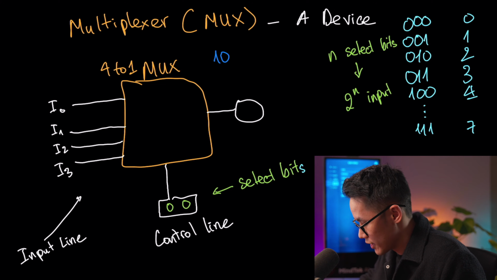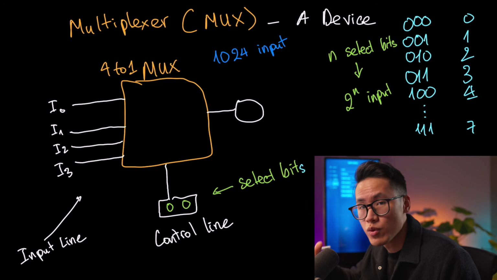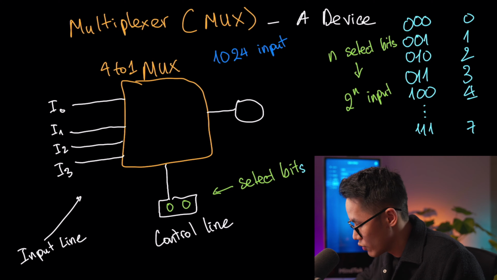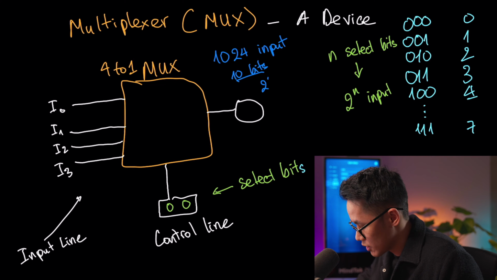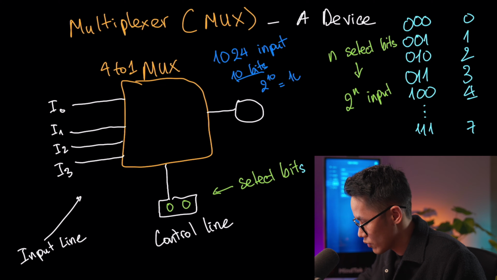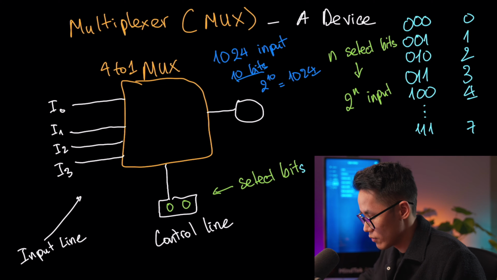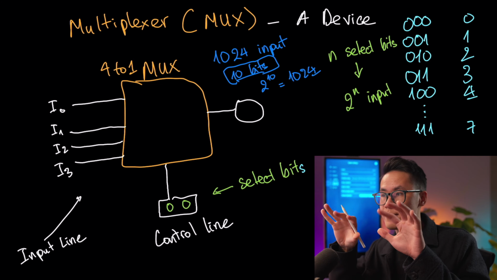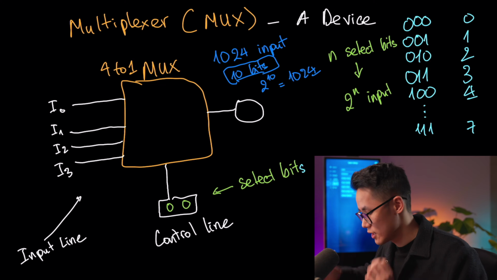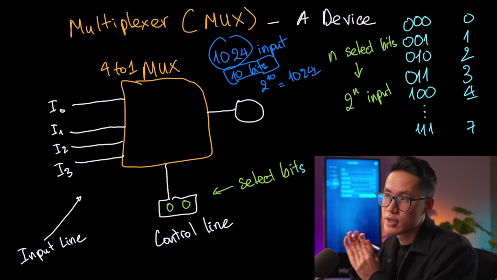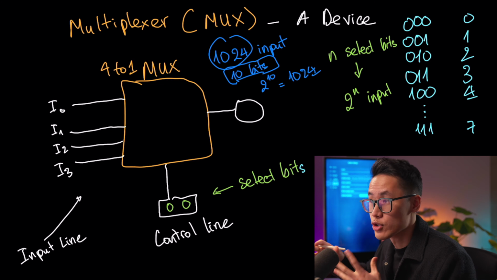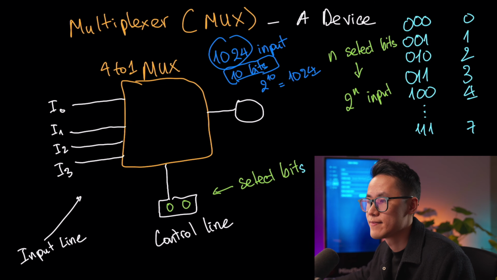If you use a mux to decide which one you want to forward to the output, you only need 10 select bits for it, because 2 to the power of 10 equals 1024. So by only controlling 10 bits, you can determine which input out of the 1024 inputs will be forwarded to the output. So that is a very efficient way to control things and select things.